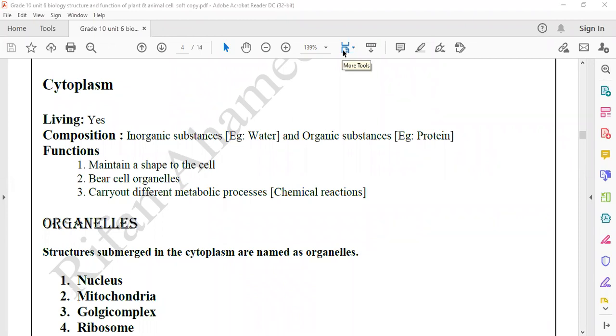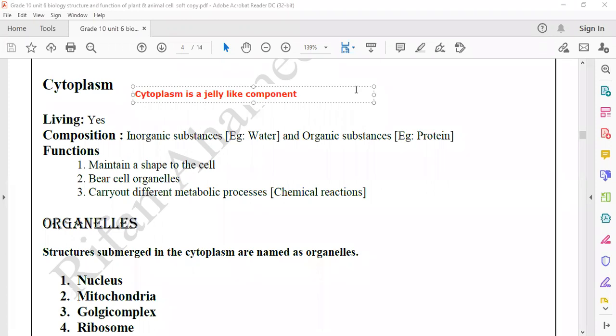Anything you want to clarify regarding cytoplasm? Only one thing you can write regarding cytoplasm: cytoplasm is a jelly-like component. Okay, complete it.